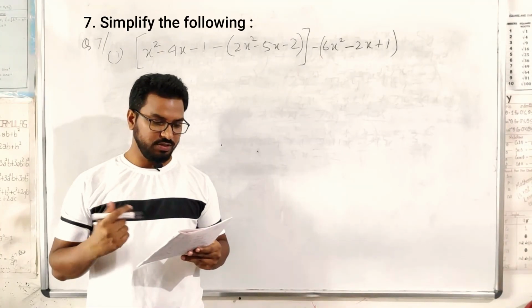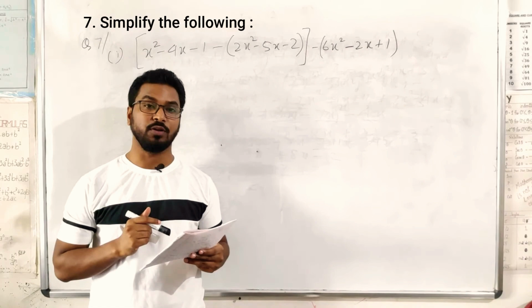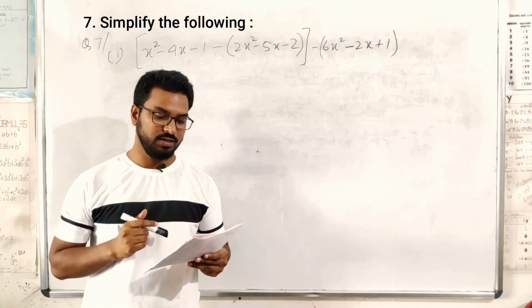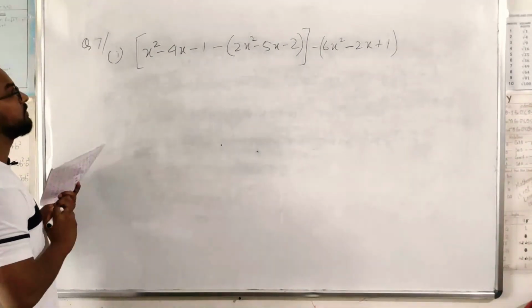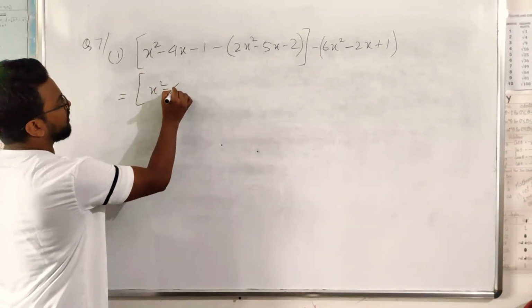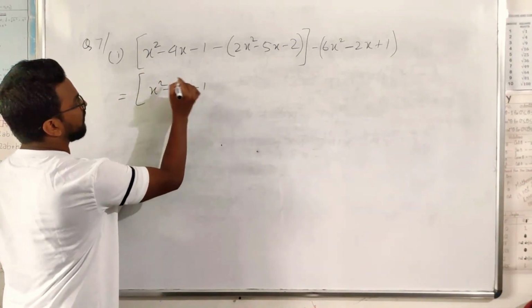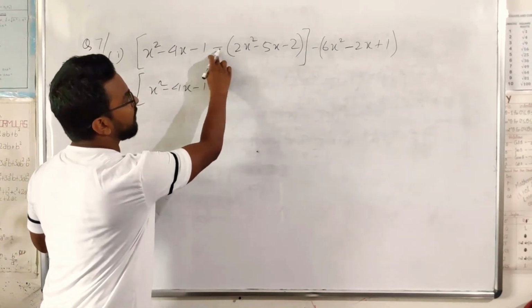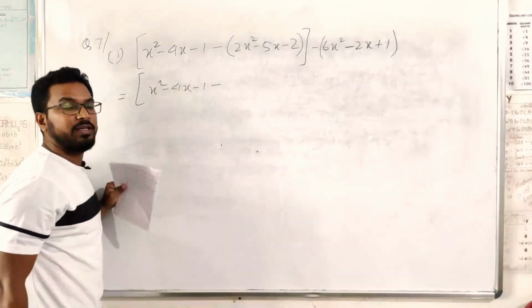So our next question is given, simplify the following. Okay, so here we'll solve it. First we will open this bracket, x square minus 4x minus 1 minus, you have to multiply this expression with the minus sign.